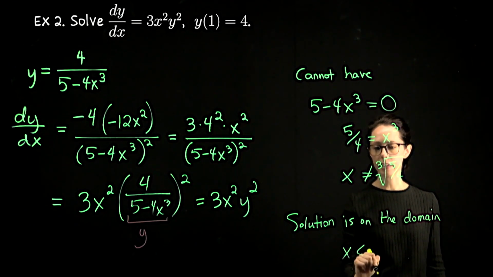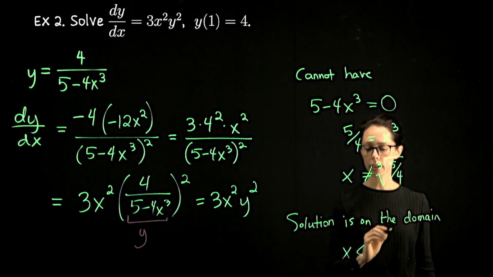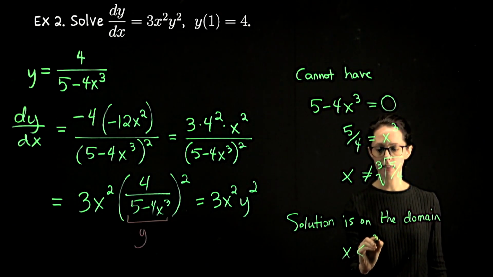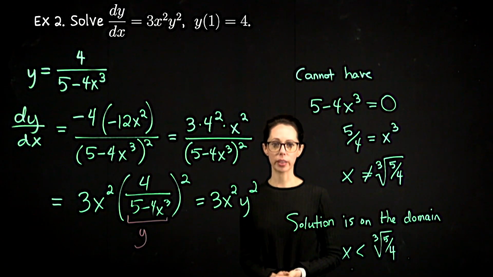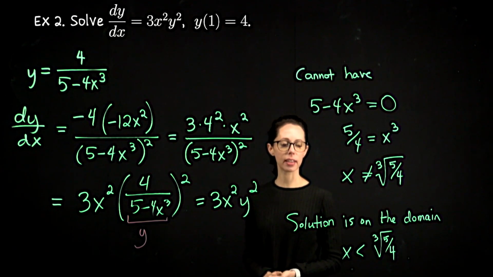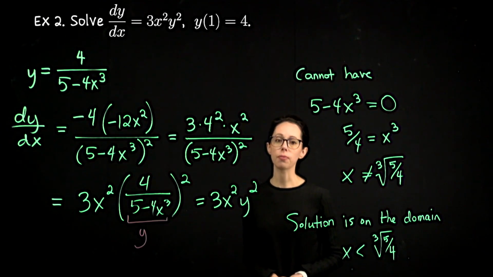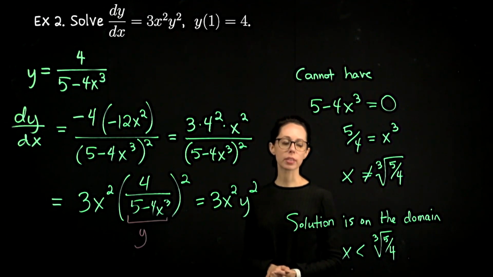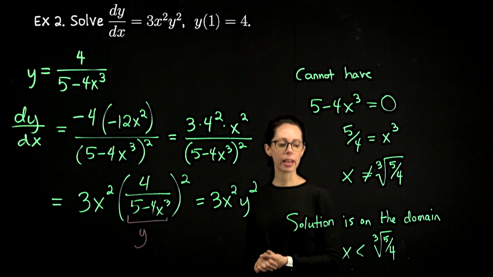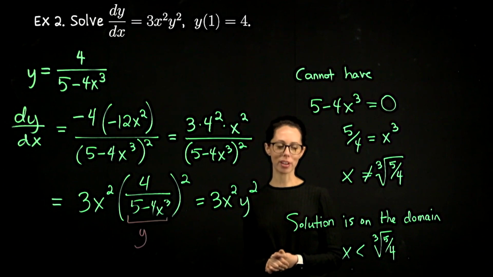Let's say we're going to take this solution to work for x values less than the cube root of 5/4. Let me actually step aside now and let you see the slope field for this differential equation. I'm going to add the solution to it. So you will see a curve for all x values to the left of the cube root of 5/4.